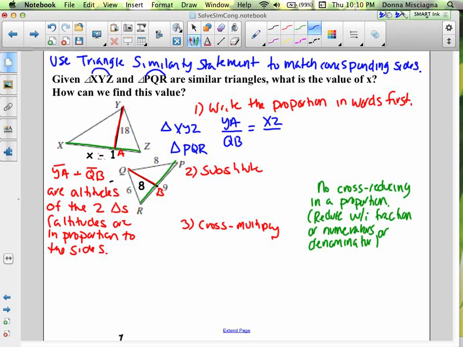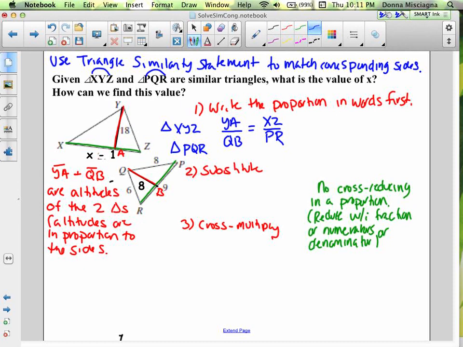YA and XZ are in the same triangle, and QB and PR are in the other triangle. We've matched corresponding parts. YA goes to QB, those correspond. XZ corresponds with PR. So now we'll substitute our values.